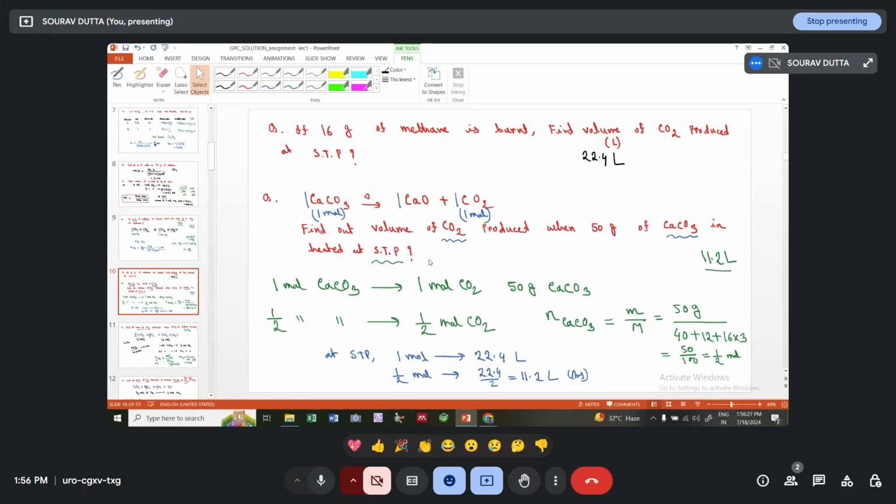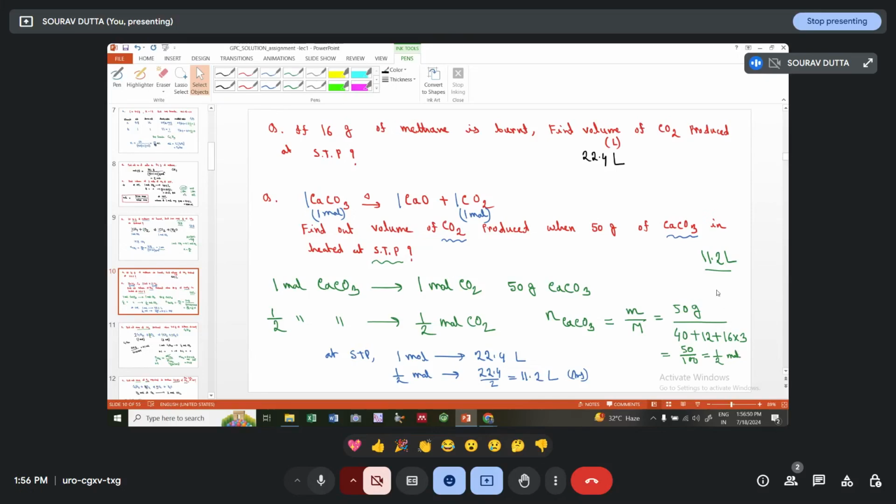According to this equation, we can write 1 mole calcium carbonate produces 1 mole carbon dioxide. So 50 gram, where the molecular mass of calcium carbonate is 100. You can calculate in this way: calcium 40, carbon 12, oxygen 16 into 3.